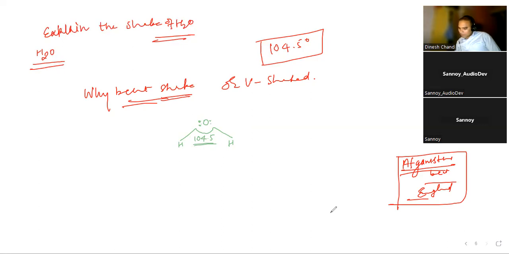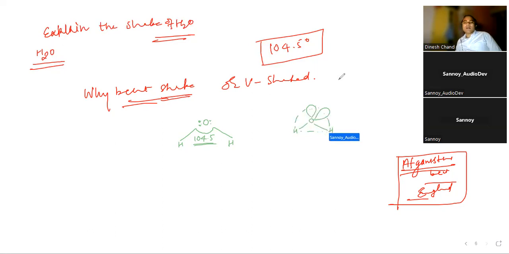Okay, no problem. Sir, this is the structure we write in the form of a Lewis structure. But the main structure is like this: there are two hydrogens over here, and the oxygen has two lone pairs. This causes the disturbance here.